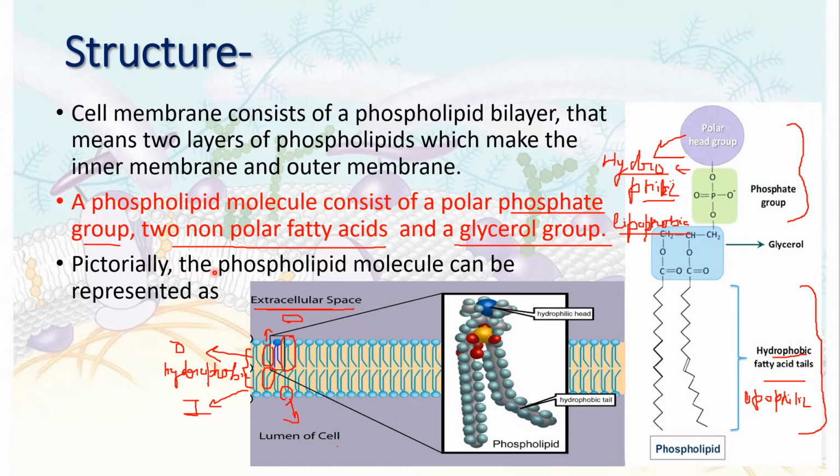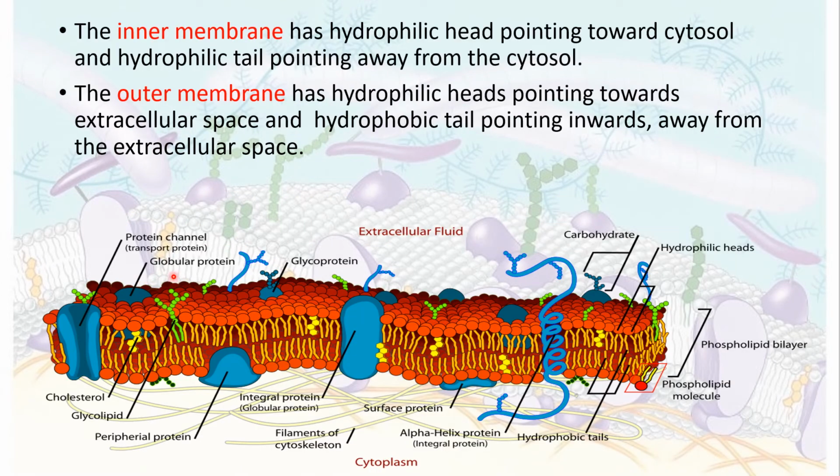Pictorially, the phospholipid molecule can be represented as this, the head and two tails. In this picture of the cell membrane, you can see the cell membrane has two layers. The outer one is the outer membrane and the inner one is the inner membrane. They form the phospholipid bilayer.